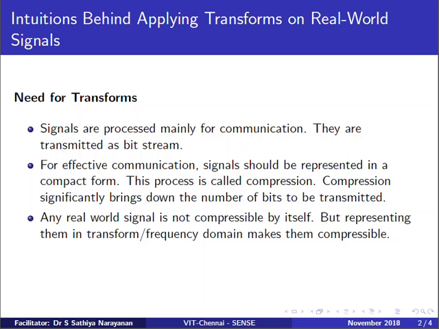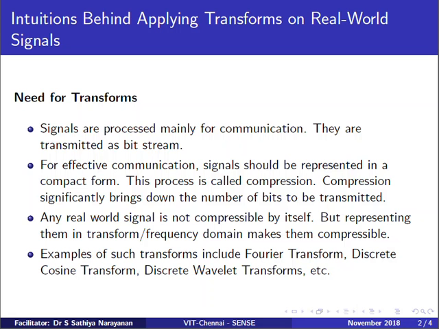By subjecting the signal to a suitable transform, the signal can be made compressible. So it will have a compact representation, and therefore it can be communicated with a reduced number of bits. Examples of such transforms include Fourier transform, discrete cosine transform, discrete wavelet transform, etc.